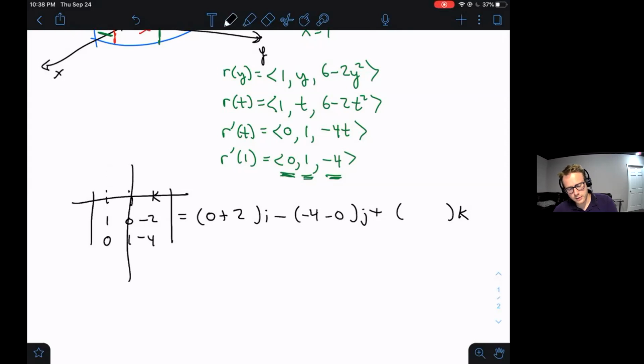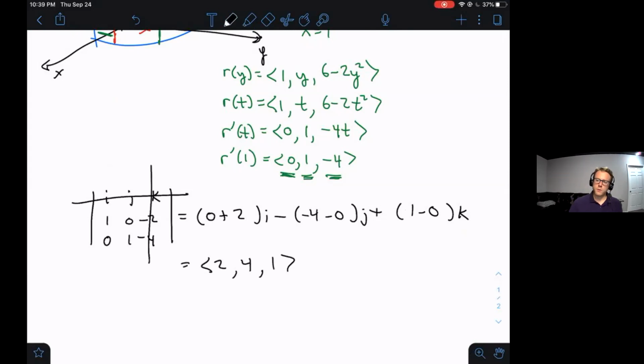And then for the first row, third column, I'm going to have 1 minus 0. And so this is going to be the vector 2, 4, 1. So the vector 2, 4, 1 is supposed to be perpendicular, or normal, to this surface at this particular point. So this right here would be my answer.